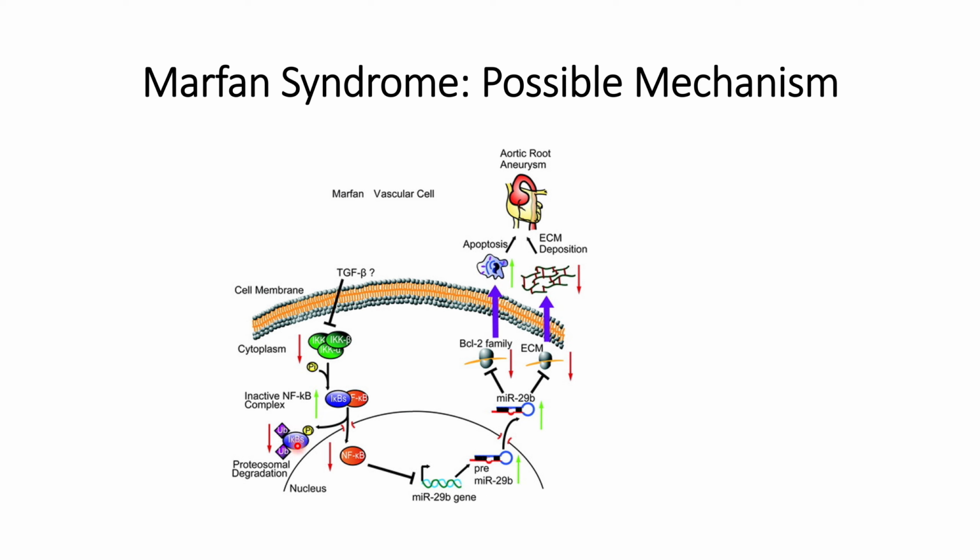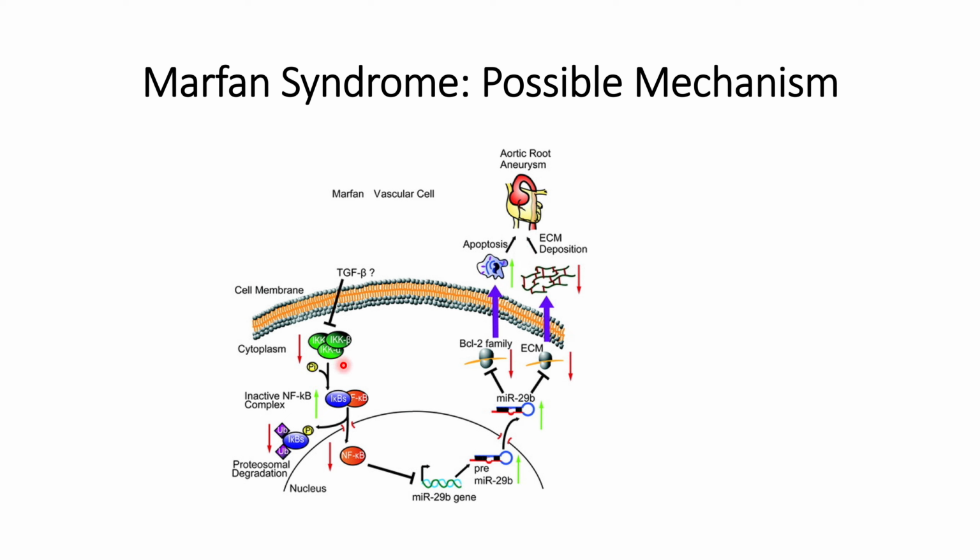Ubiquitin binds to the inhibitory kappa complex, and in the normal case nuclear factor kappa beta will go into the nucleus and suppress MIR29B gene expression. So it will not be able to cause abnormal conditions, such as targeting cells for apoptosis and extracellular matrix deposition, that finally lead to aortic root aneurysm.